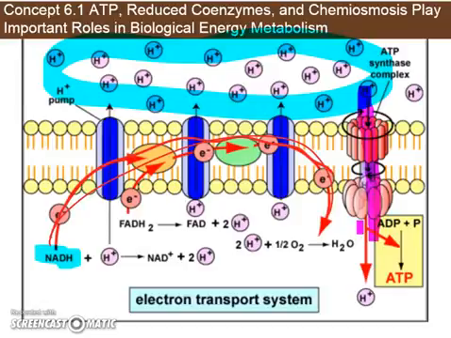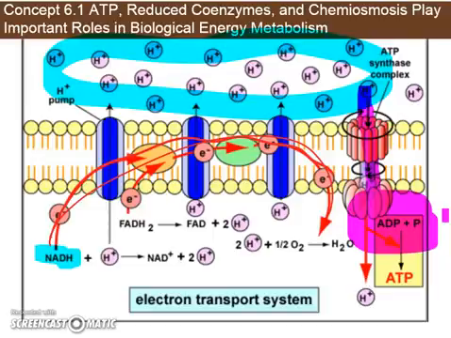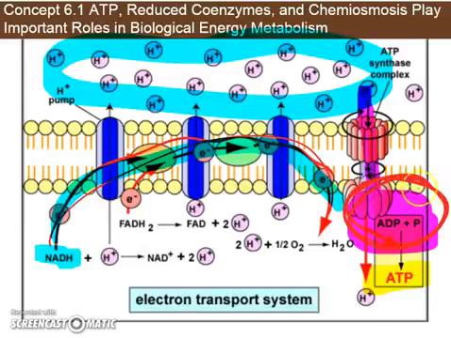Now this is the important part: we are adding a phosphate to adenosine diphosphate to make ATP, our energy. So oxidative is this part, oxidation, and then phosphorylation is this part, where we are adding a phosphate to make ATP.